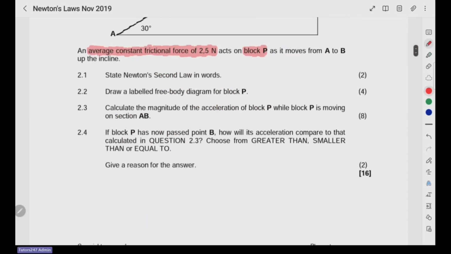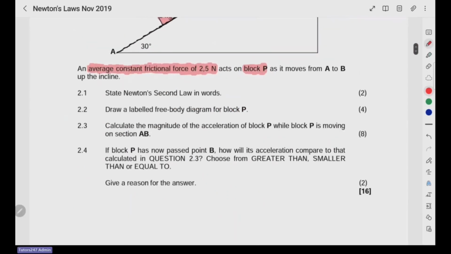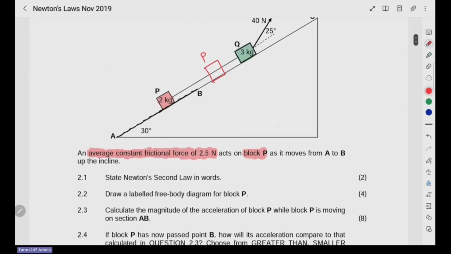And they want to know how will the acceleration compare to that calculated in 2.3. Remember we calculated acceleration to be 1.85. So once P passes point B and moves in this no friction area, is the acceleration going to be greater than 1.85, smaller than 1.85, or equal to?